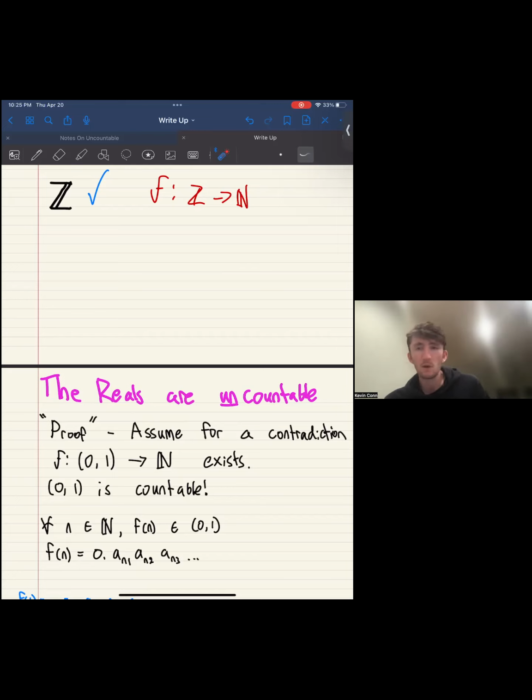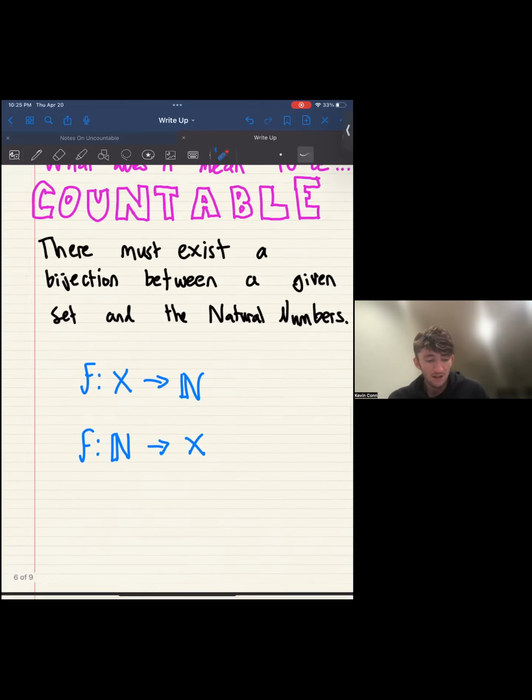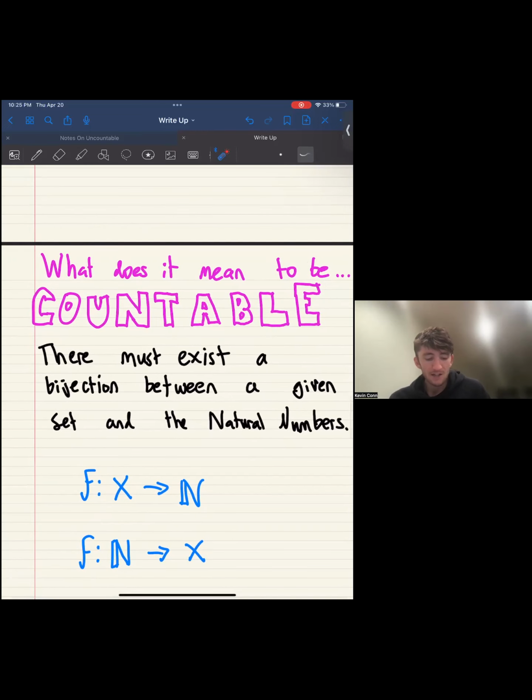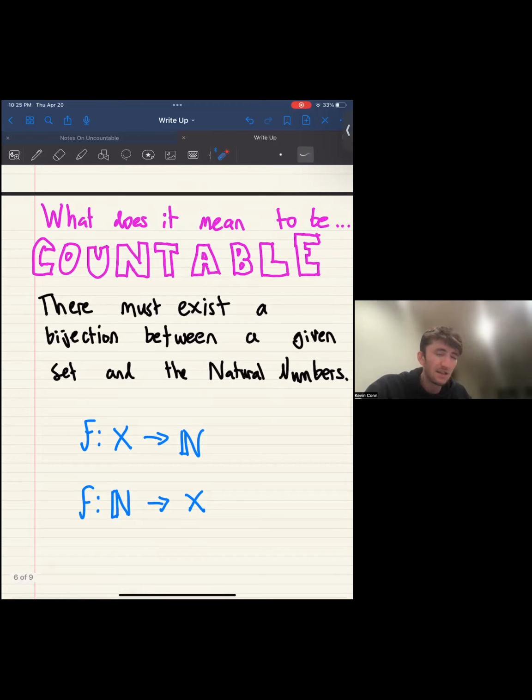So we kind of talked about what it means to be countable. It's that there exists a bijection between a given set and the natural numbers, basically meaning that if we had infinite time, we can count this set. So to be uncountable, that must mean that there does not exist a bijection between a given set and the natural numbers.